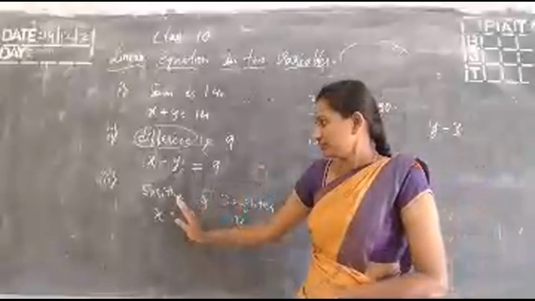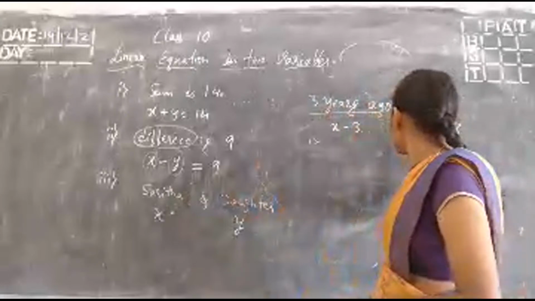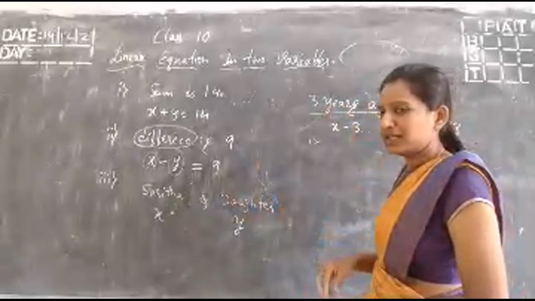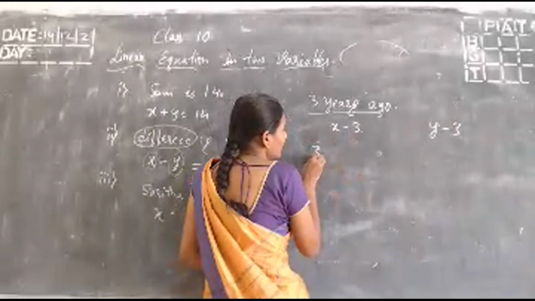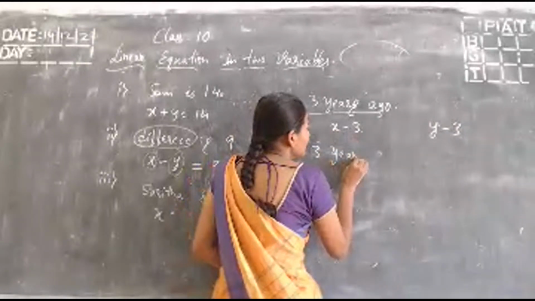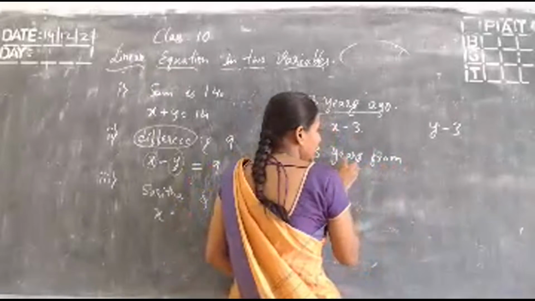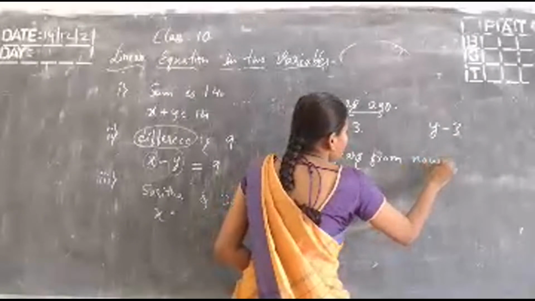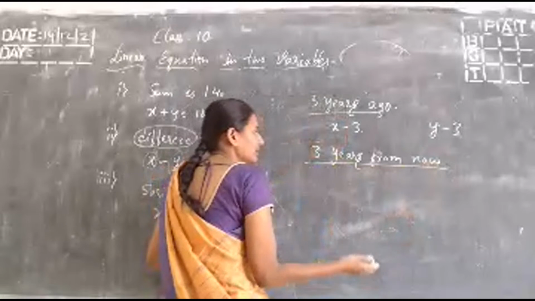Just listen, what is ago? Ago means you should subtract. Clear? Next, if they have given 3 years from now, from now means we have to add.